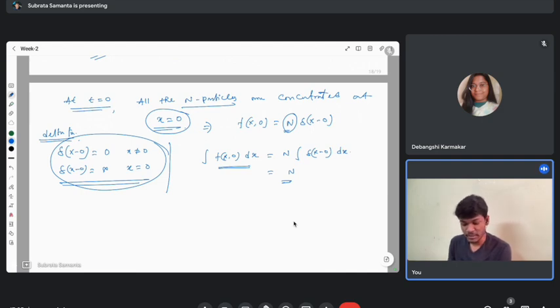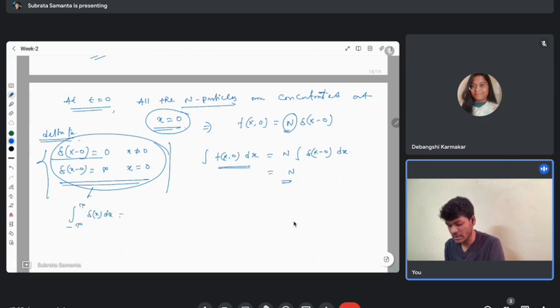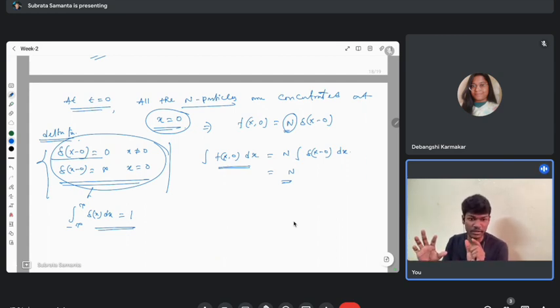The delta function is defined such that delta(x minus 0) equals 0 when x is not 0, meaning there is no value, but at x equals 0 it gives infinity. It is normalized such that the integral of delta(x) dx from minus infinity to infinity gives 1. So delta(x) is infinite, but multiplied by the width of the strip, the total value is 1.